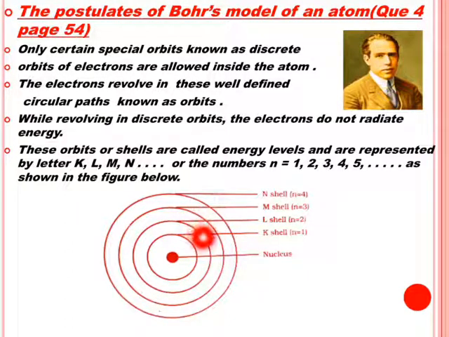These orbits or shells in which electrons are revolving around the nucleus are called energy levels, and they are represented by English alphabets K, L, M, N and so on. And if they are numbered as 1, 2, 3, 4, 5, as shown in this figure.